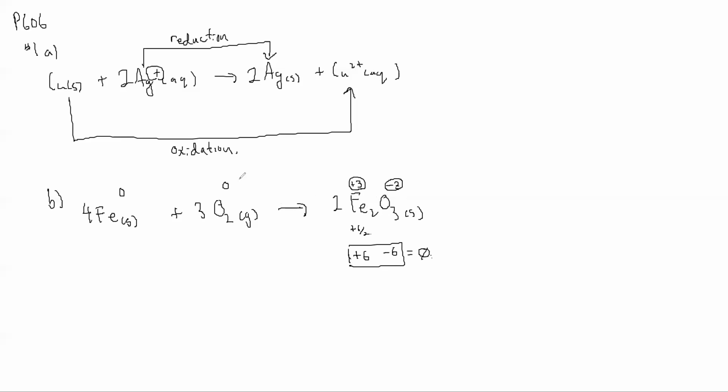So let's talk. Oxygen went from 0 to -2. Did the oxidation number increase or decrease? It decreased, or it reduced to a lower number. So this is a reduction. Okay. And for iron, it went from 0 to a +3.